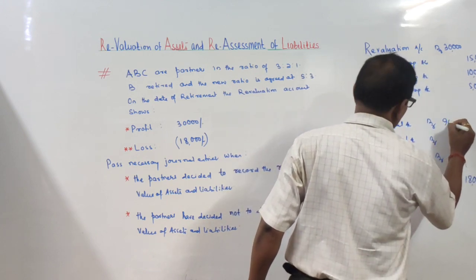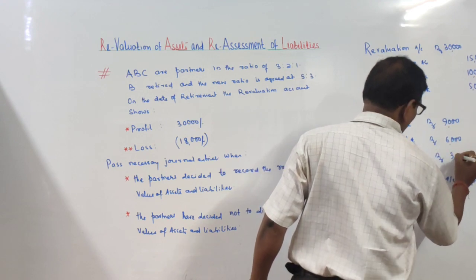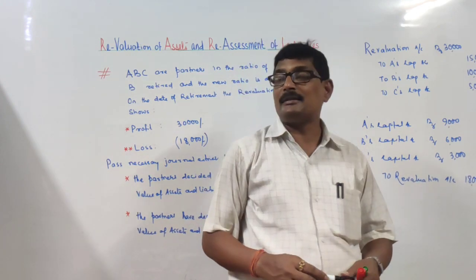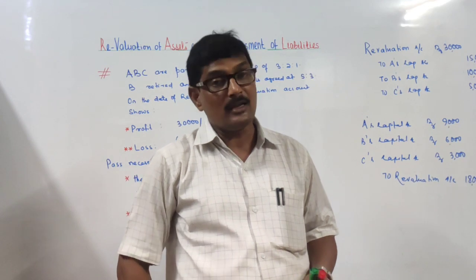That is 9,000, 6,000, and 3,000. And if this be the case, again the assets and liabilities are to be shown at their revalued figure or the revised figure in the new balance sheet.